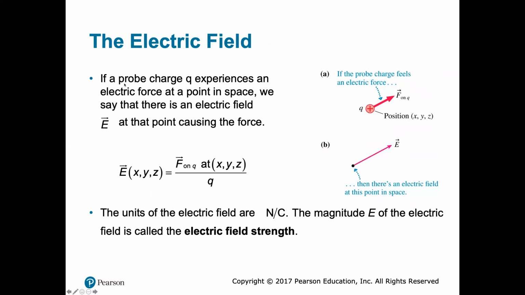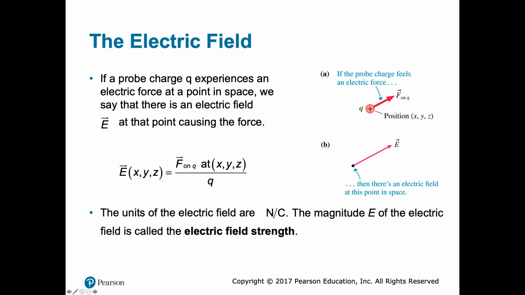Let's do another experiment. If we have a probe charge Q, which is shown here, and this probe charge Q experiences an electric force at a point in space, then we say there is an electric field. We use E with an arrow on top, which means it's a vector E at that point causing the force.